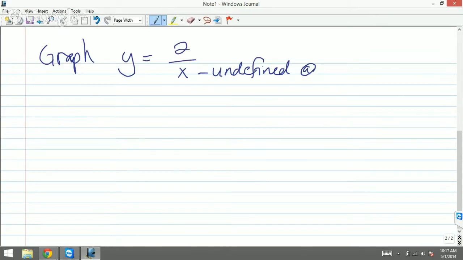Where is that denominator undefined? What can we not divide by in math? 0. Right, the denominator is undefined at 0. Vertical asymptote.